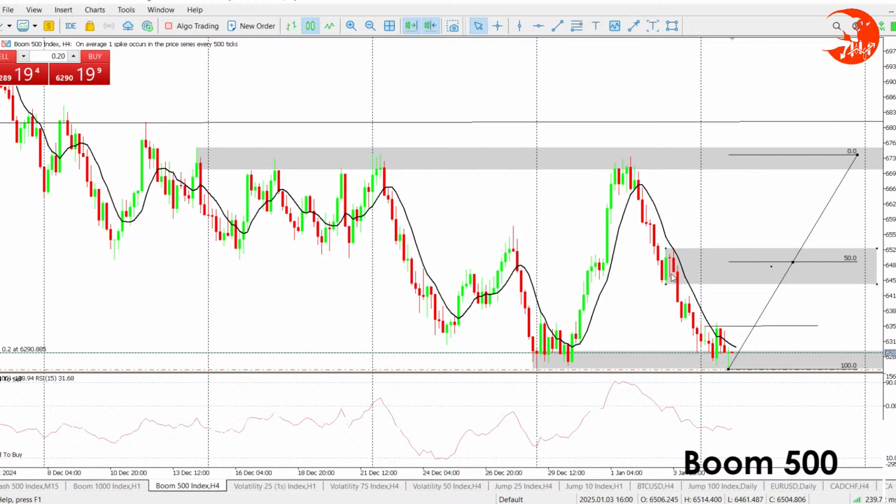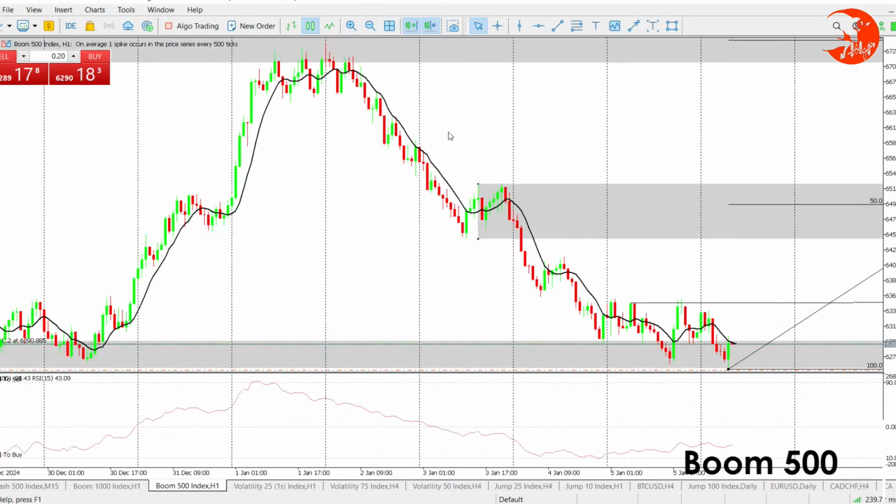I'm not seeing any fair value gap. If I had a fair value gap, it would have made sense for me. So let me head over to H1 and see if there is any fair value gap in premium. It's not there, so I will probably bring it to this OB right there according to H1. That's where I will be aiming at taking my profits for the buy.